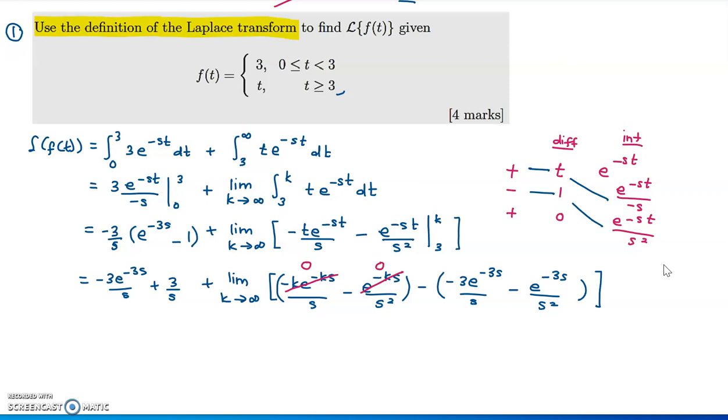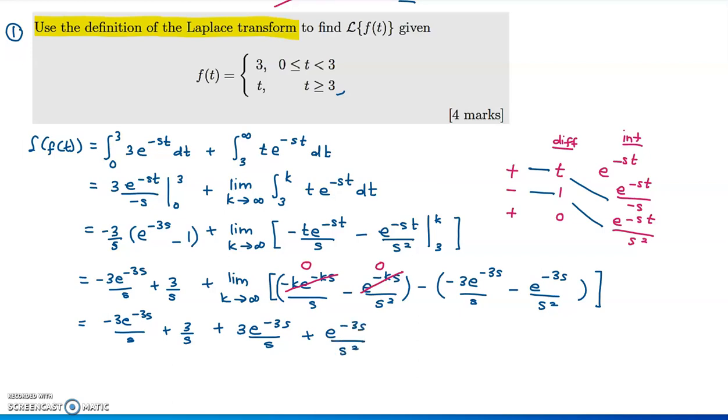At the end, we have negative 3e^(-3s) over s plus 3 over s, plus 3e^(-3s) over s plus e^(-3s) over s squared.